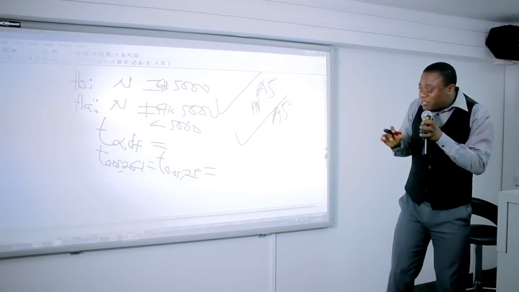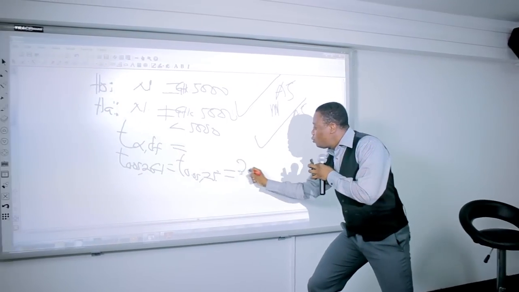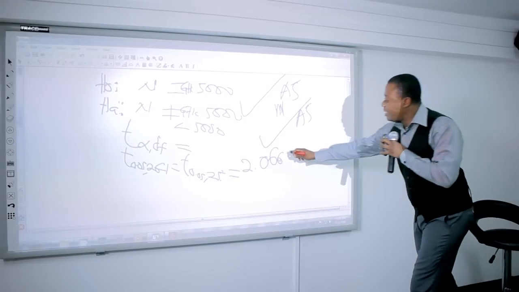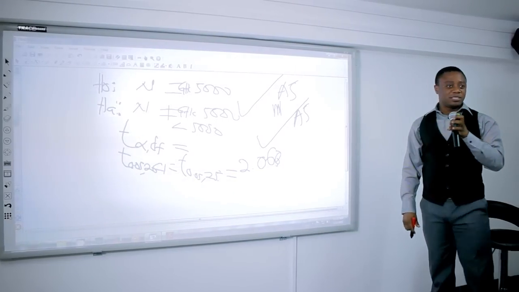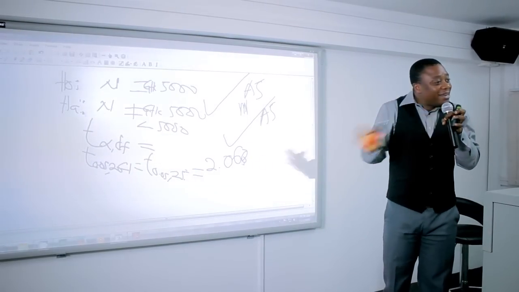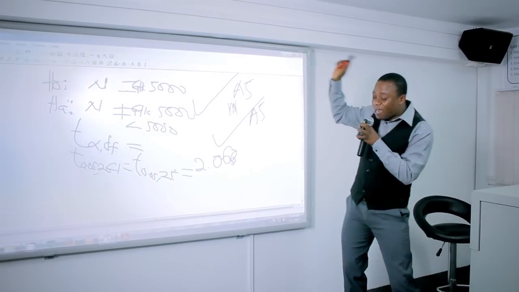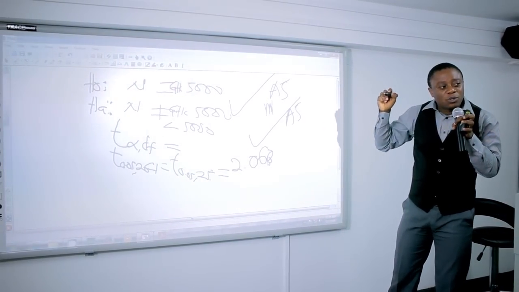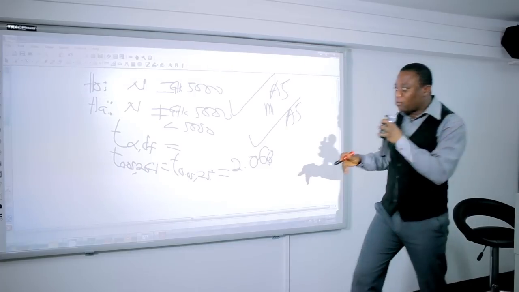You see, you just write this answer 2.060, and then you get the value that you want. Once you put it down, that is your tabulated. You are ready to go. We have our calculated. Do you remember what it was? It was 1.82 in absolute terms. It's always good to write it in absolute terms.